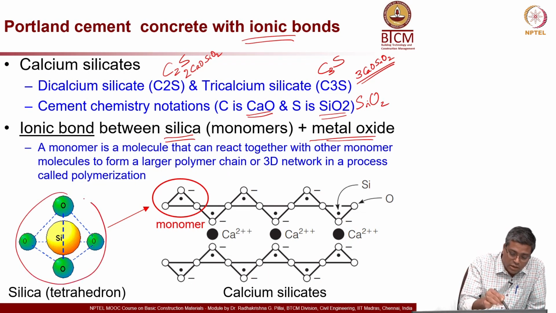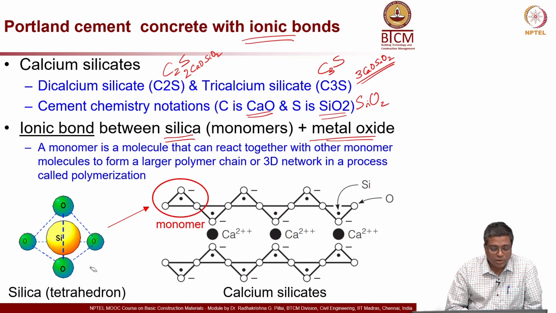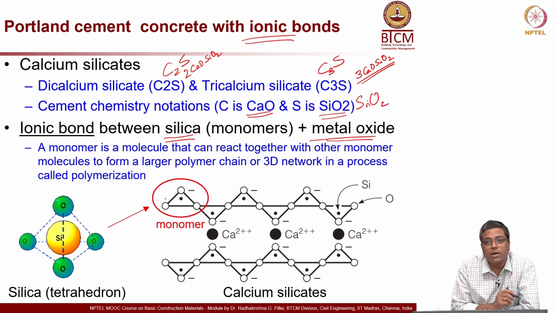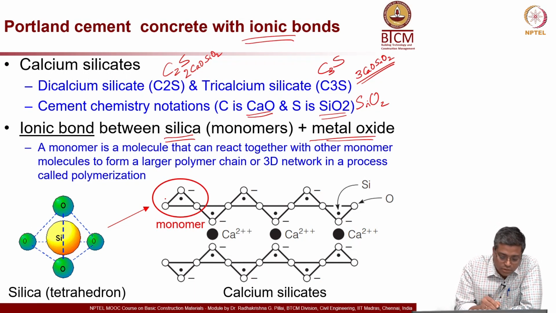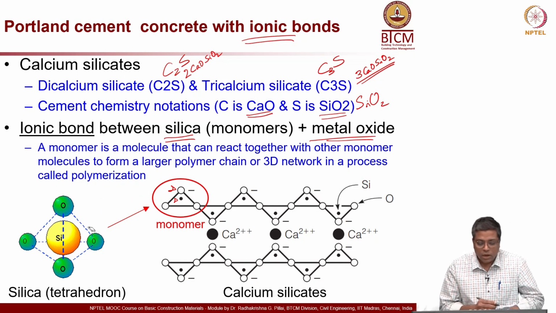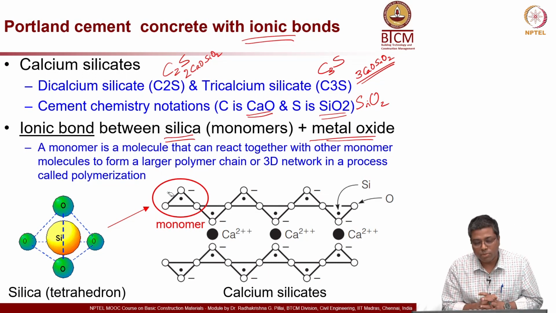This is the silica, a typical tetrahedron structure of silica, and on the right side you can see these white circles and the triangle formed with a dot, that indicates this tetrahedron. Now, that is a single element or a monomer.